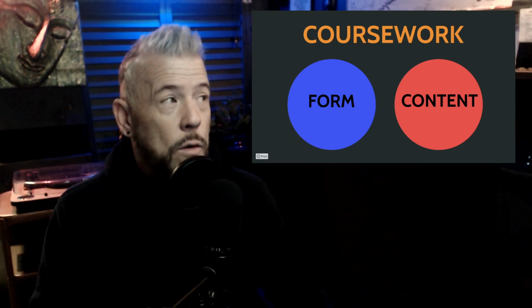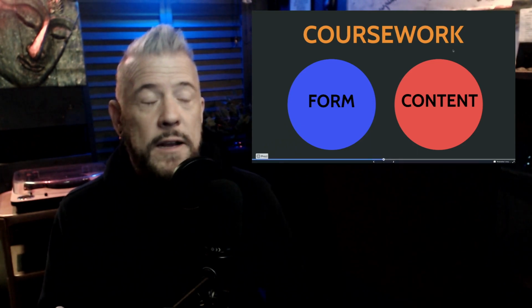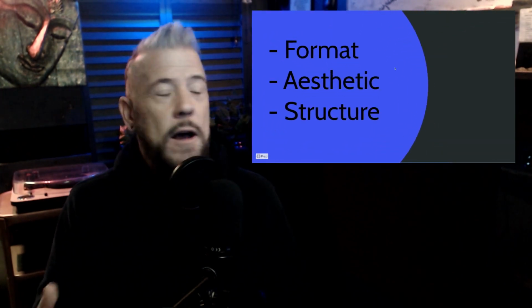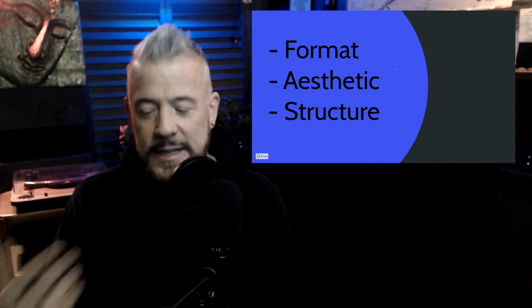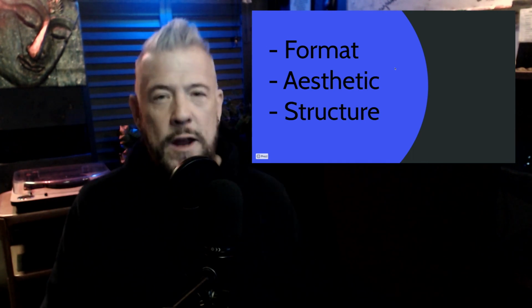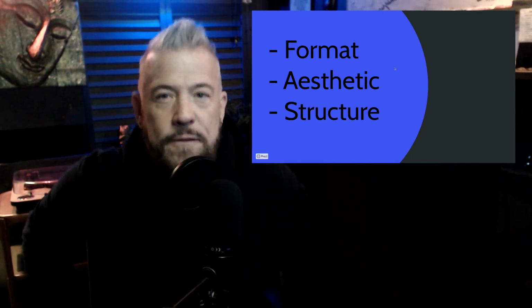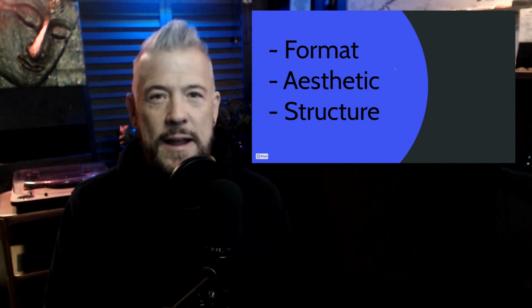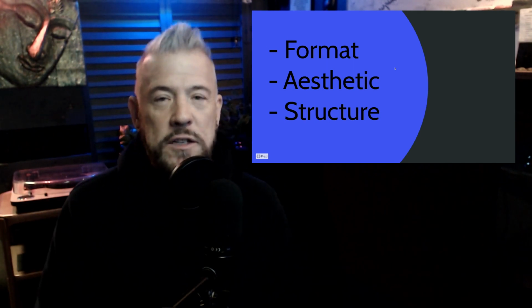Now, when we get into form, we're really looking at those specific instructions that I have for, let's talk about the video blog, for example. When we hear form, we also hear the word format, and the format is a certain way of doing something that makes it appear or look a certain way.